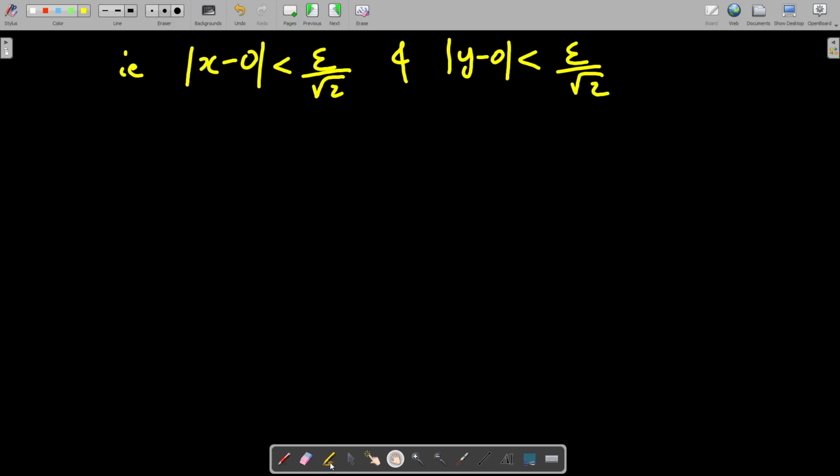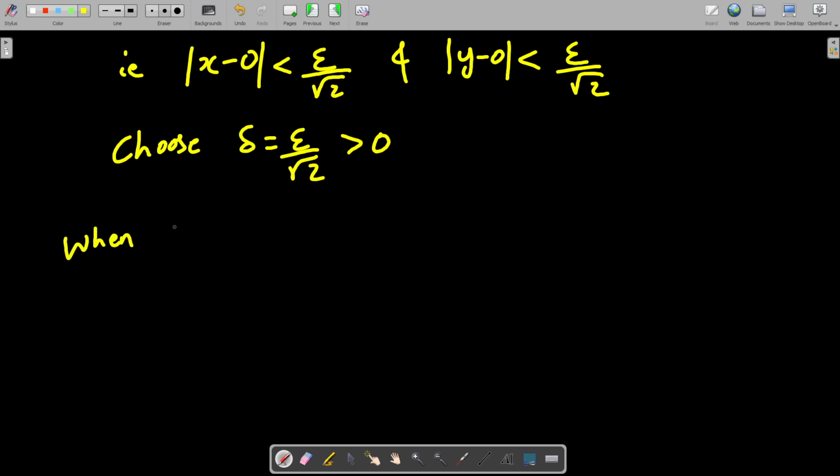Okay, so this is true. So now choose delta equal to epsilon by root 2. Clearly it is greater than 0. So when modulus of x minus 0 is less than delta and y minus 0 is less than delta, what will you be getting?